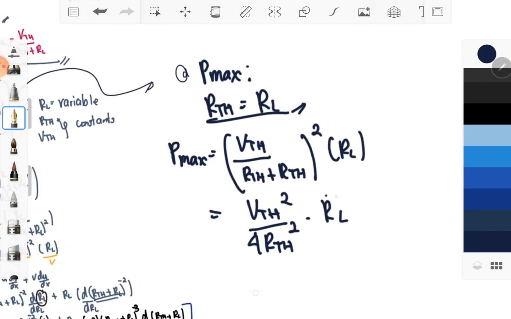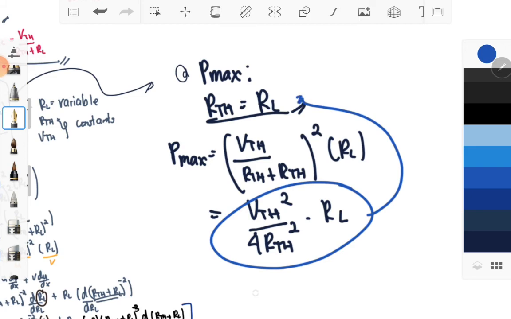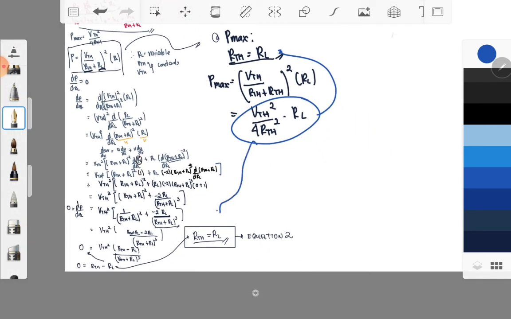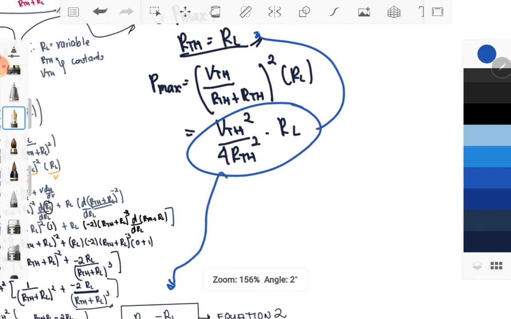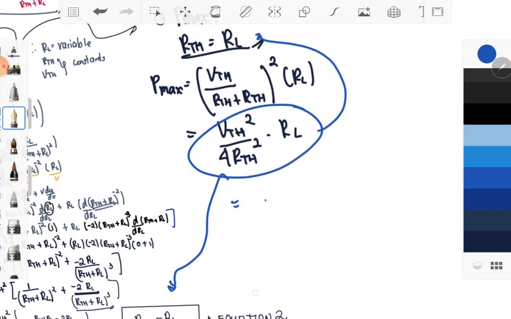Take note that our RL, based on our equation or derivation, at maximum is equal to RTH. So therefore our Pmax is equal to VTH squared all over 4RTH squared, and your RL is equal to RTH, so therefore it is safe to say that it is also equal to RTH.